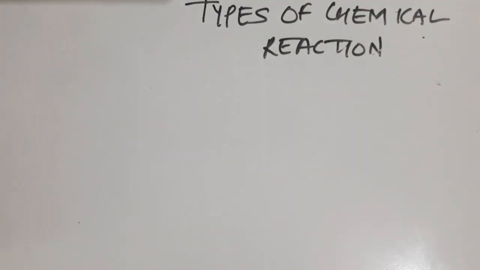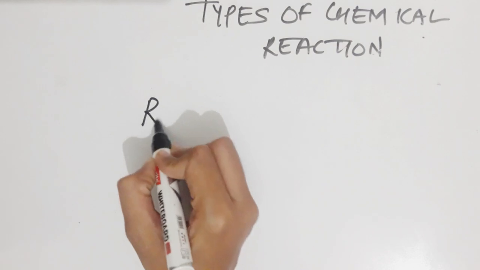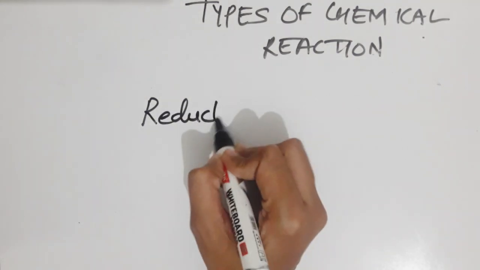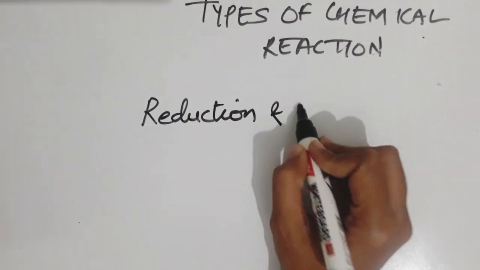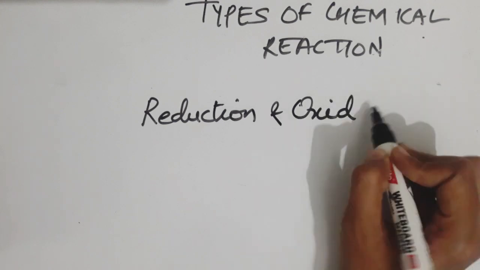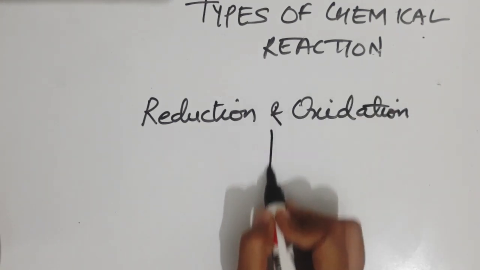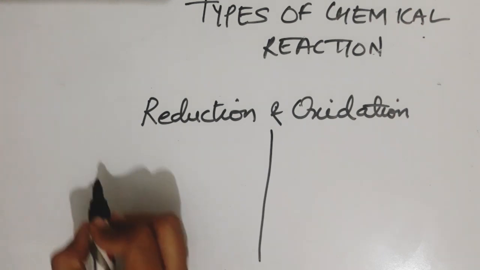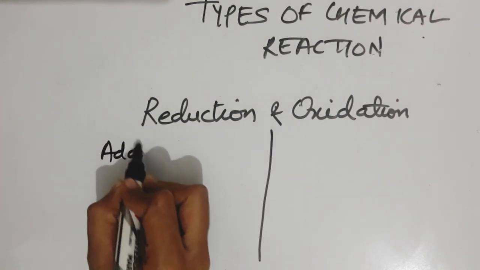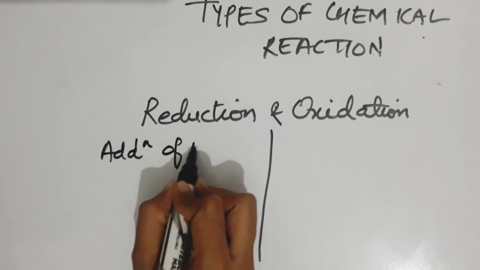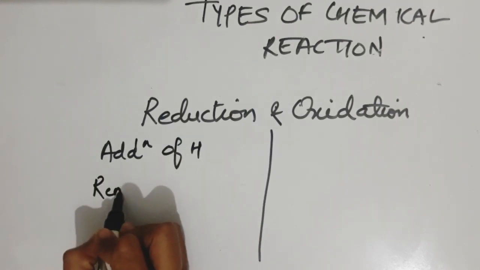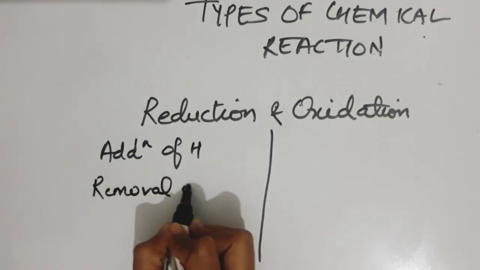Now the last kind of reaction is the reduction and oxidation reaction. Now what is the difference? In case of reduction reaction you have addition of hydrogen and removal of oxygen.